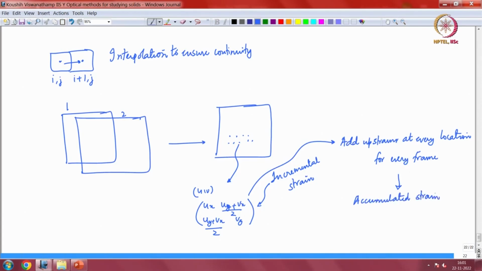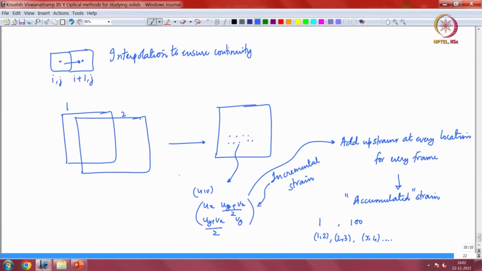So, if you have image 1 and image 100, you do incremental strain between 1 2, between 2 3, between 3 4 and so on, and then you add up the strains depending on where the particular material point has gone. You add the strain in the subsequent pair to that particular value, and then you keep adding up as you go along. So, this will give you not only the strain at any point, but the strain as a function of the deformation during the deformation itself. Okay, so, that is a typical implementation.